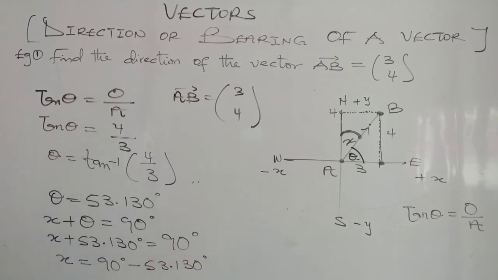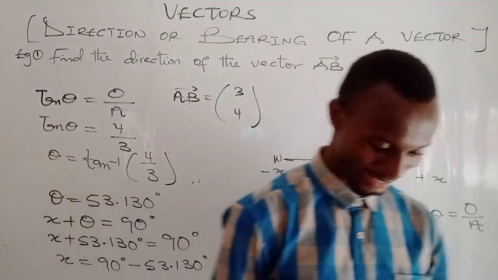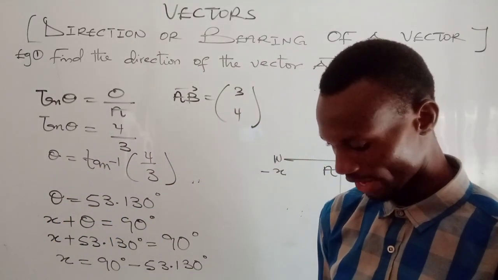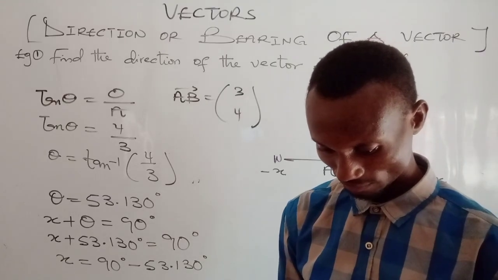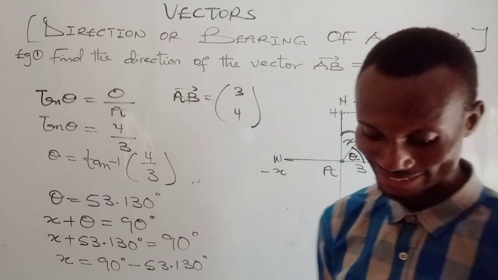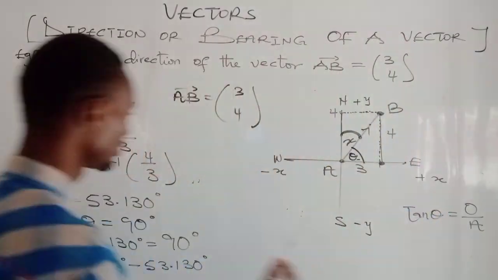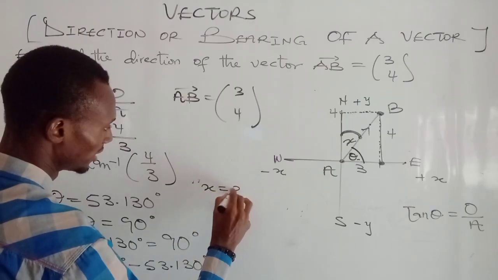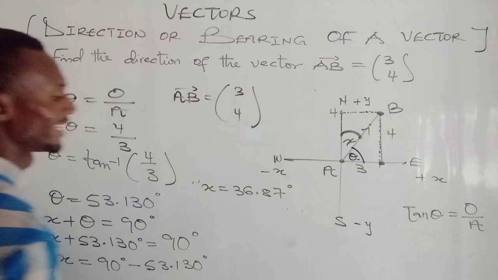So I have 90 minus 53.130, and that will give you 36.87 degrees. So I have S equals 36.87 degrees.